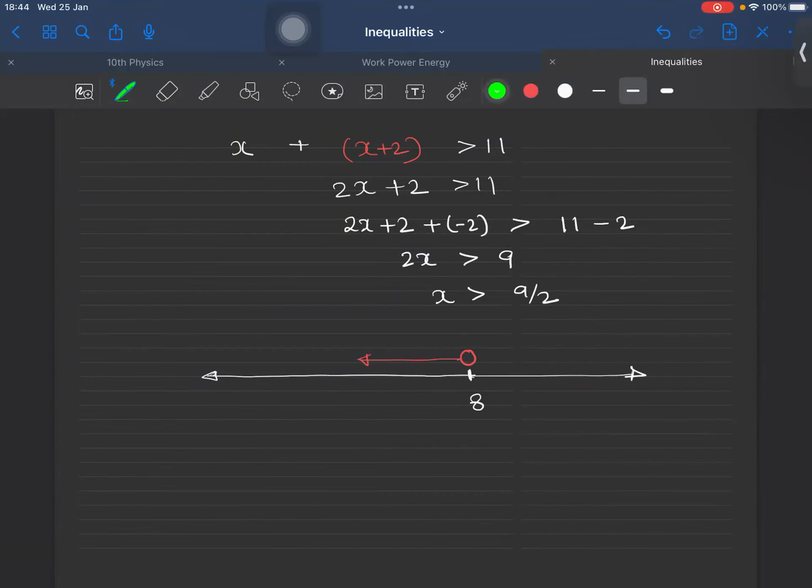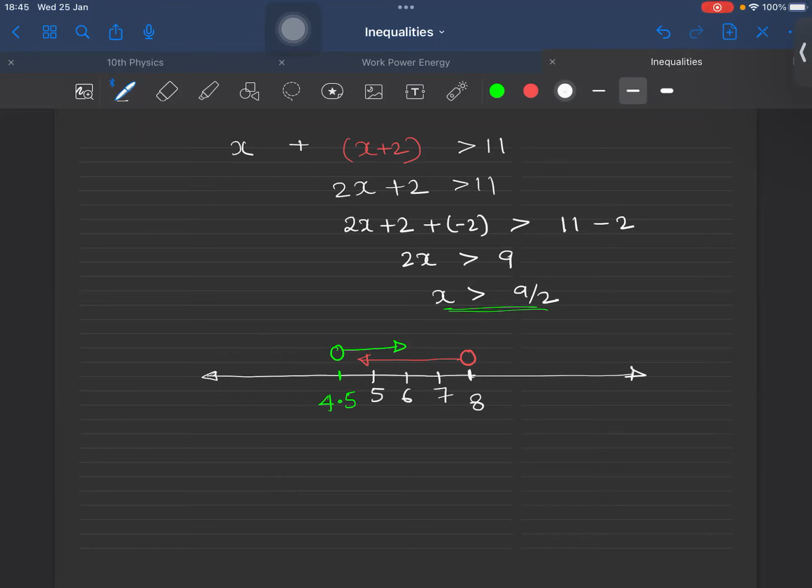And it should be greater than 9 by 2. 9 by 2 is 4.5. So another critical point is 4.5. It must be greater than 4.5, and it has to be an integer, and odd. So what are the integers greater than 4.5? It can be 5, 6, 7.